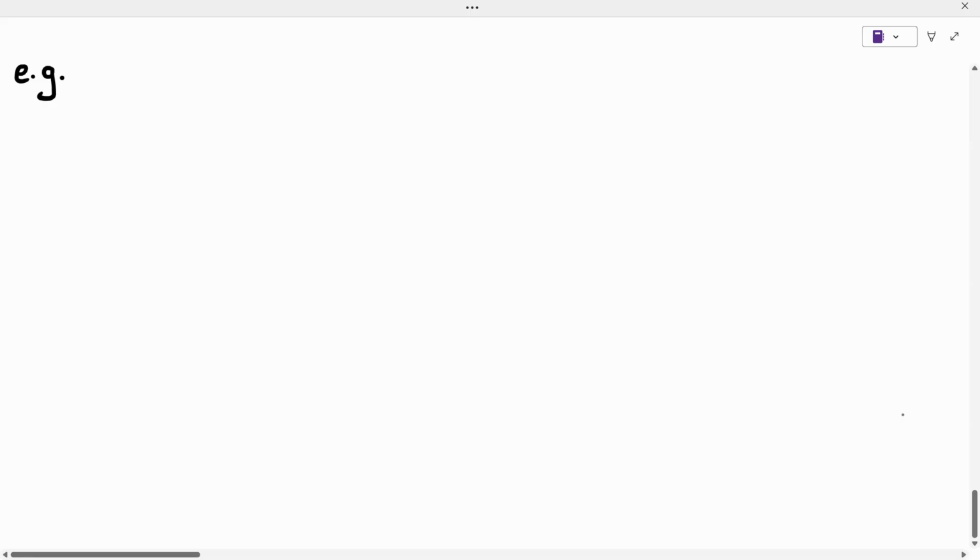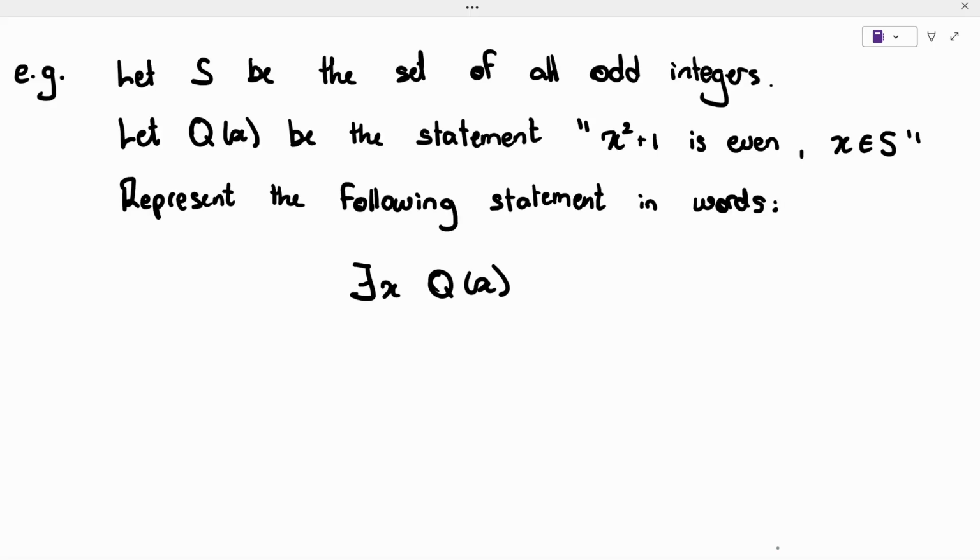Let's look at one more example. So in this question, we need to represent the statement there exists x such that q of x in words. And as we know, this quantifier is represented by the word some, or there exists. Now q of x is the statement that x squared plus 1 is even.